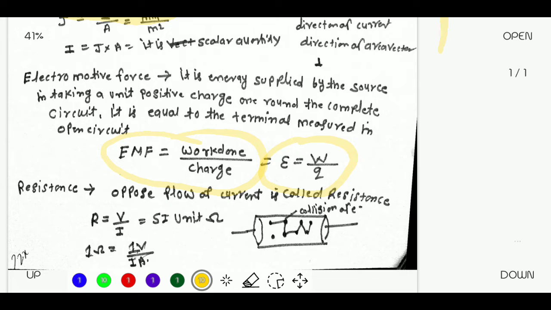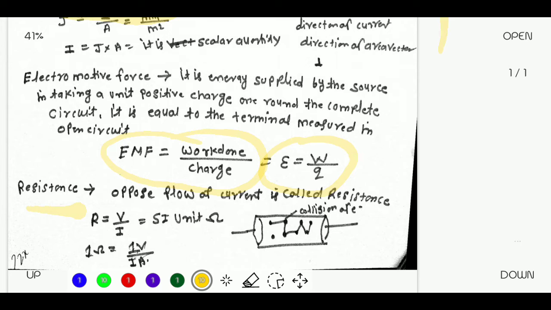After that, we will discuss resistance. You know resistance: the opposition to the current in the circuit is called resistance. We know that electrons collide with each other and the temperature increases, so the resistance increases.